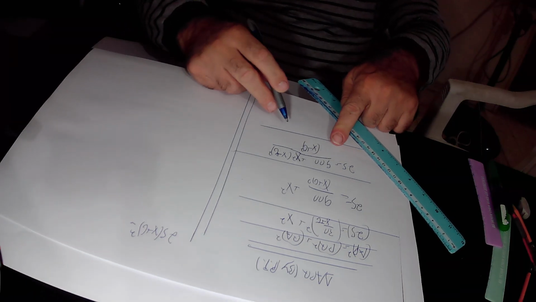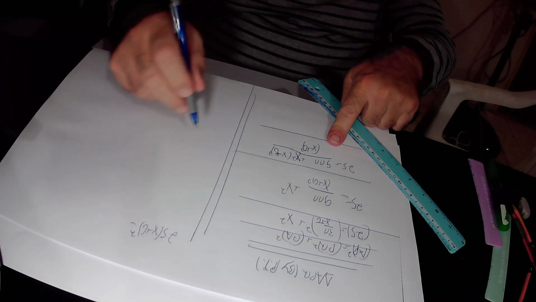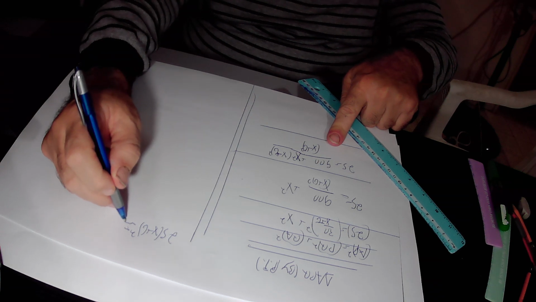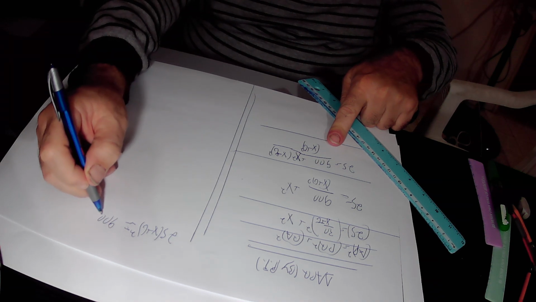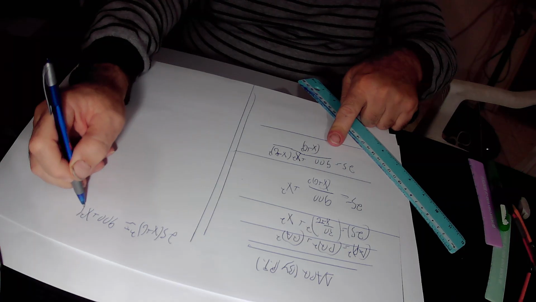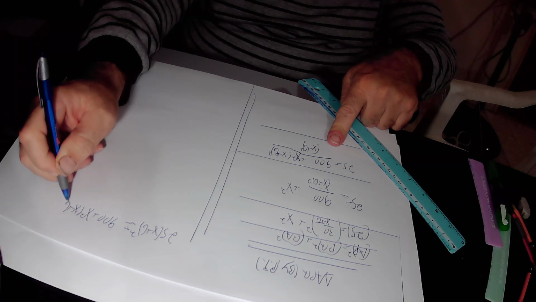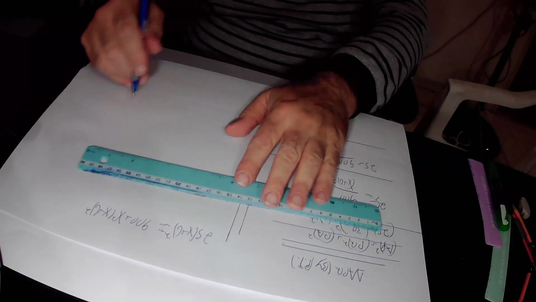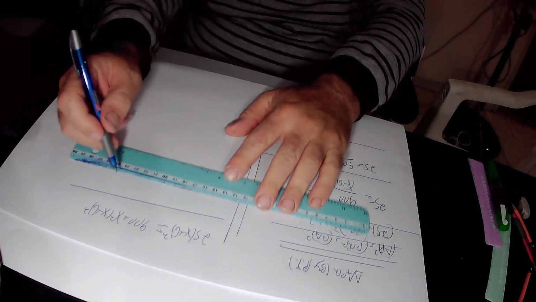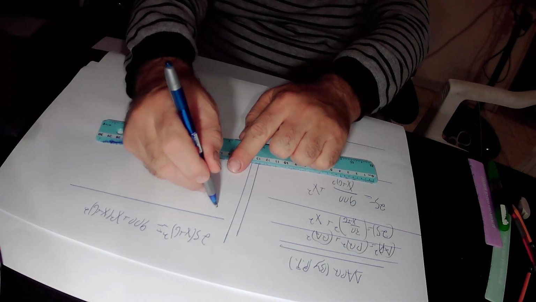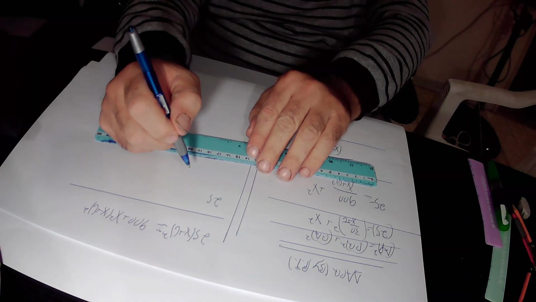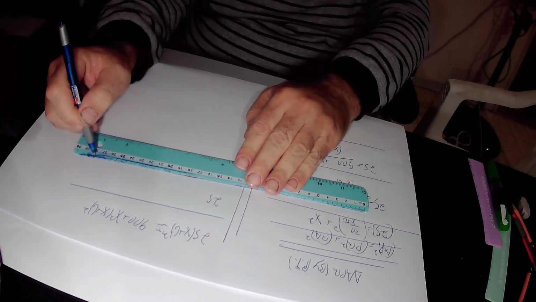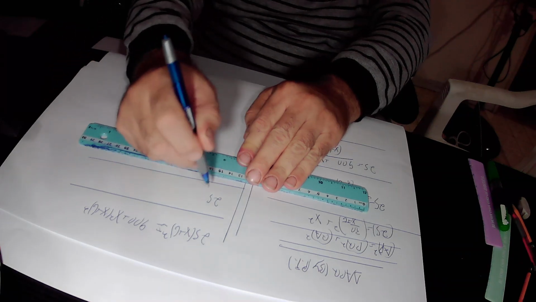On the other side of the equation we have 900 plus x squared times (x plus 6) squared. So on this side of the equation we have 25 times (x plus 6) squared.